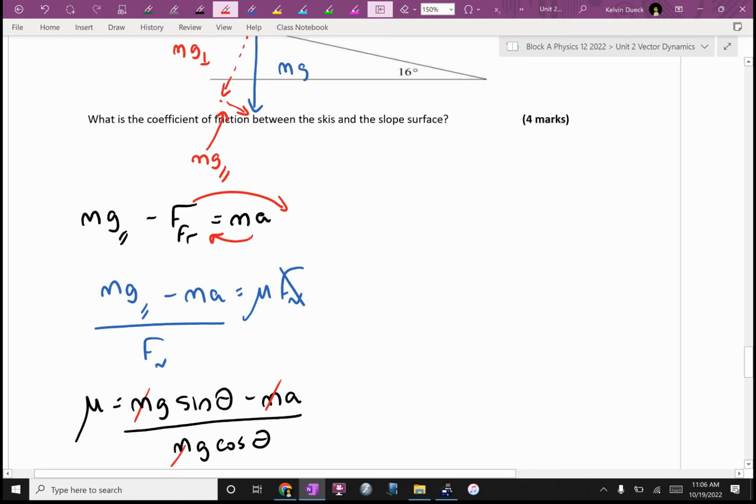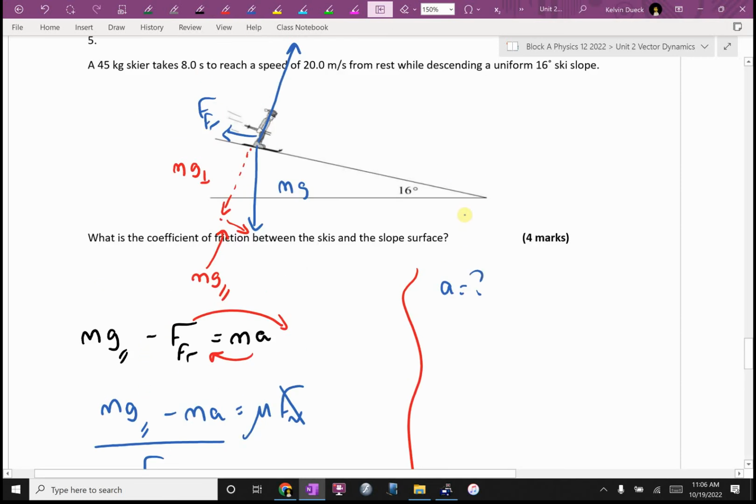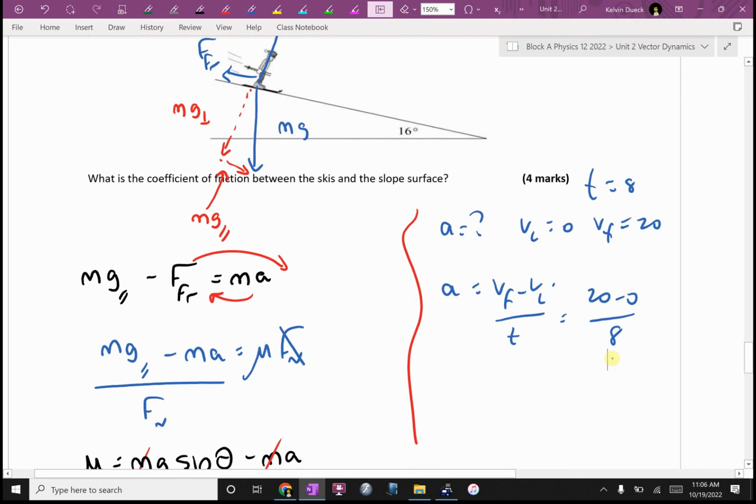Even though this question said find mu, I'm now going to spend some time finding a. So I'm going to go a equals question mark. They told me VI was 0, VF was 20, and T was 8. So A is going to be VF minus VI over T. It's going to be 20 over 8. I can do that in my head. It's going to be 10 over 4.